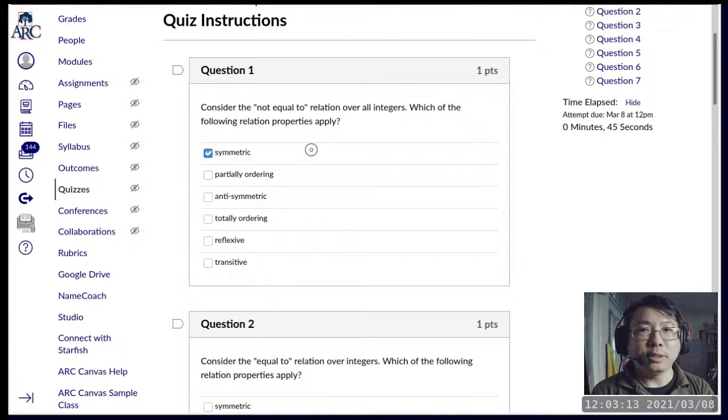Symmetry is not really that big of a deal, because what it means is A relates to B if and only if B relates to A, for all A and B in the set. That means if one exists, the other one has to, and if one does not exist, the other one cannot exist. That's basically symmetry.